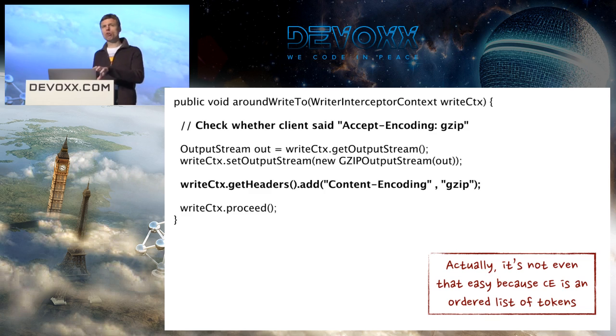And this is more complicated than it looks, because the value of Content-Encoding is not just gzip, but an ordered set of tokens which record all the applied encodings. So you would have to get this value, put your gzip value in the right place, and restore the header. This is really complicated stuff.